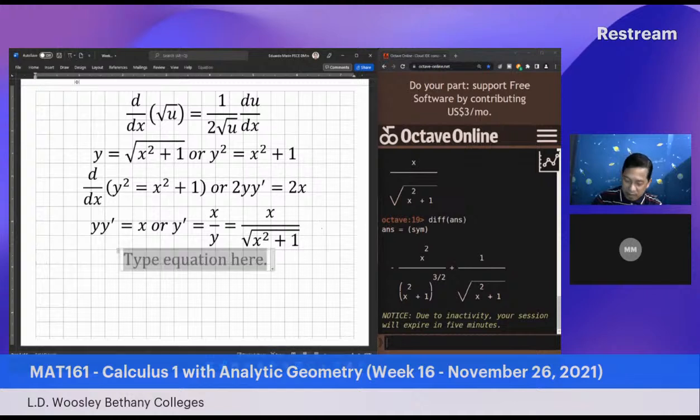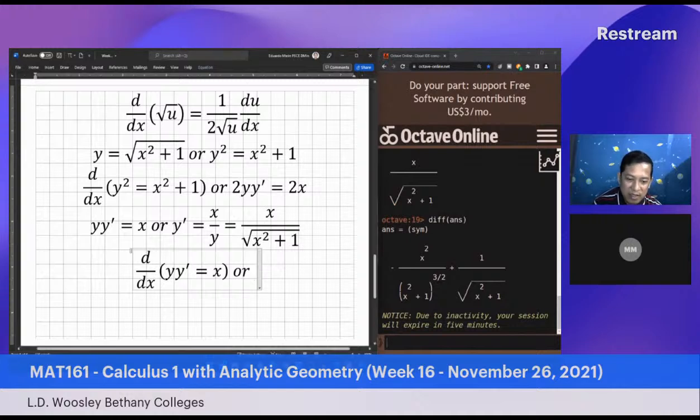So we will take the derivative this time of y prime is equal to x. Or we take the derivative. Para ka lang UB yan, UB. Micaela, UB. So y prime, y. So what would be the partner?